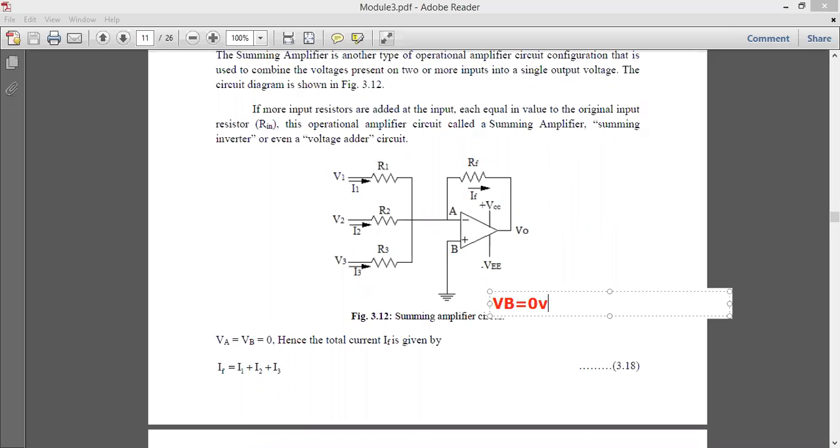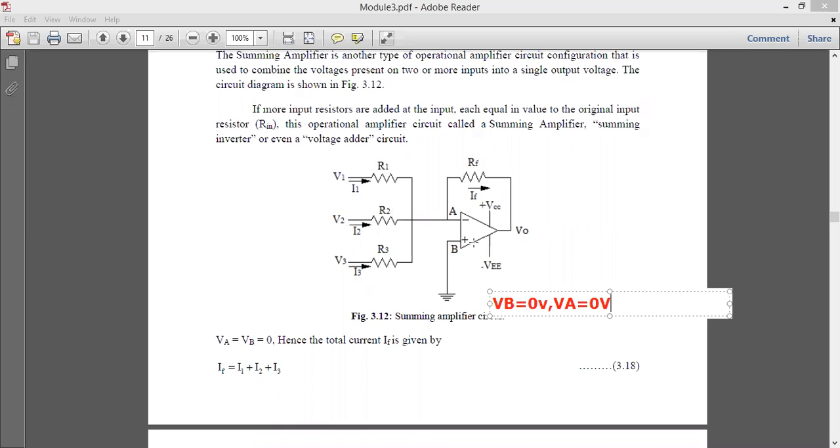It means VA is also equal to 0 volt. This is the concept of virtual ground. Why is VB equal to 0? Because plus is connected to ground. इसीलिए मैं 0 लिखते हैं हम लोग उसको.